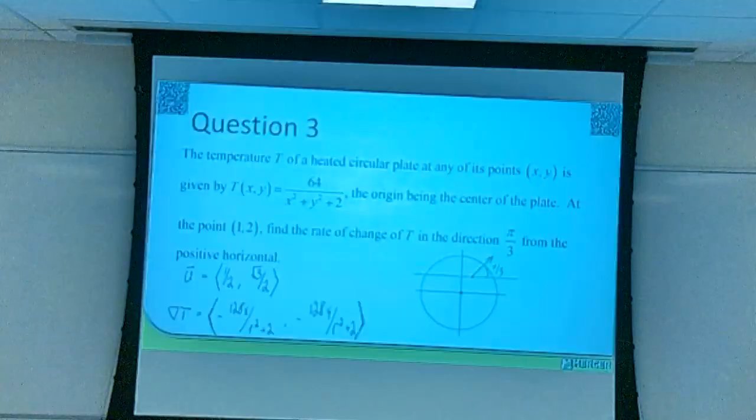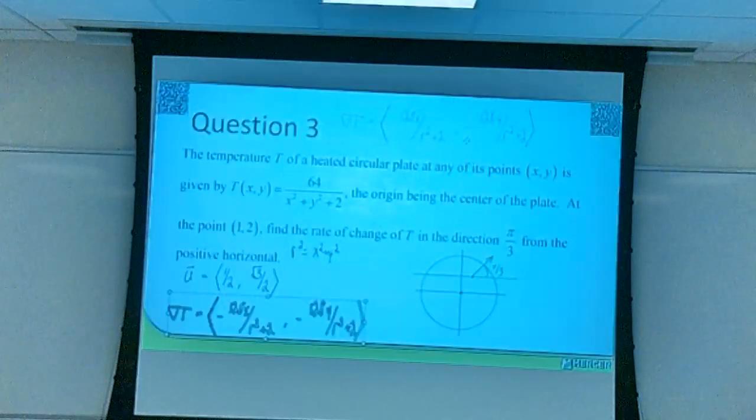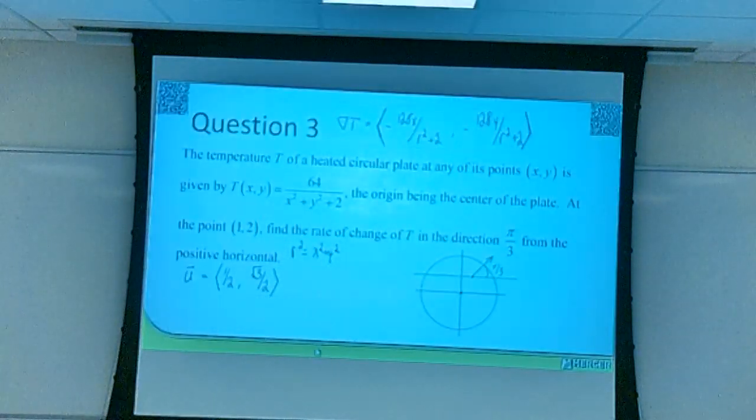Is that right? I'm defining r squared to be x squared plus y squared. Let me take the derivative. Chain rule, right? Move that up there.